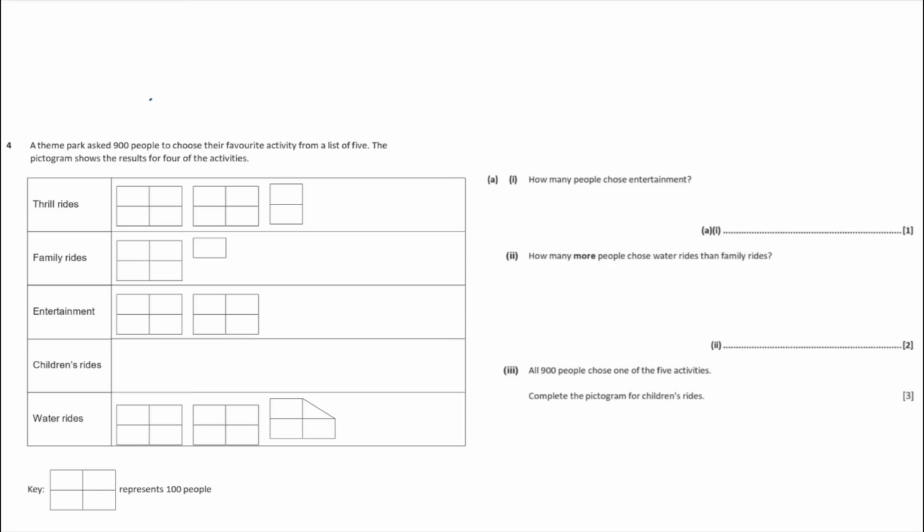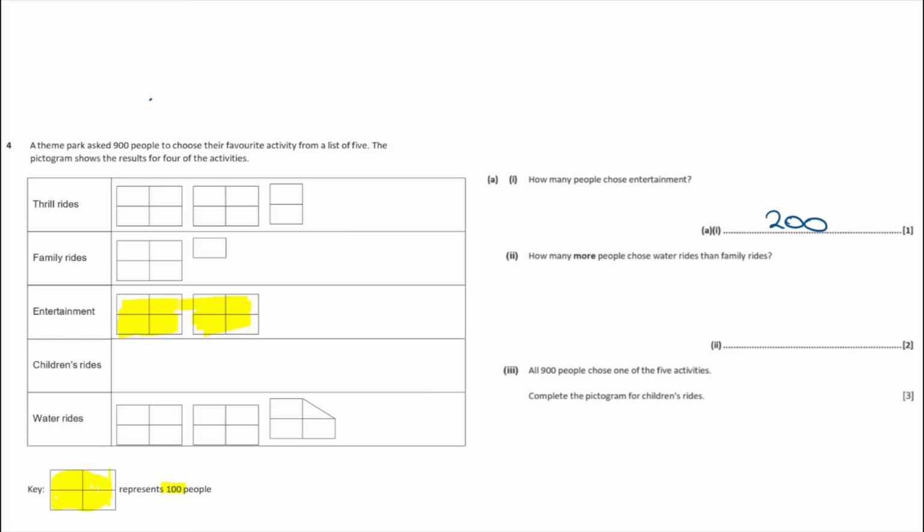How many people chose entertainment? Well, if one of these represents 100 people, then in entertainment I've got 2 of those. So that's 2 lots of 100. It's going to be 200.